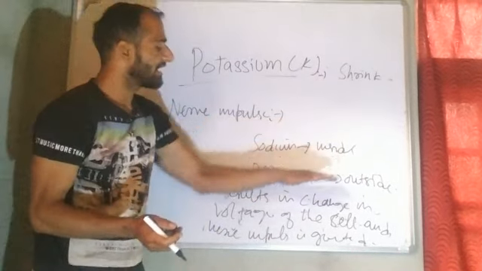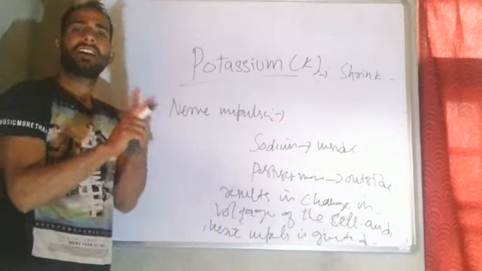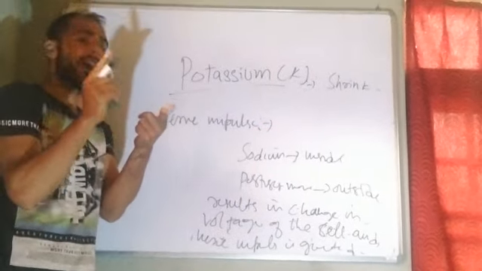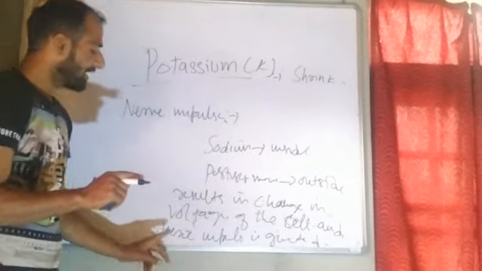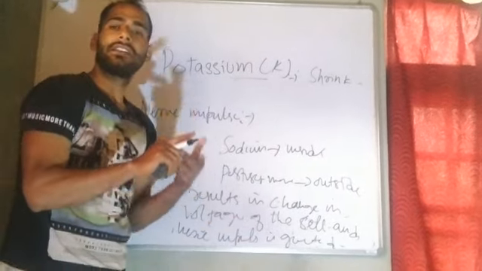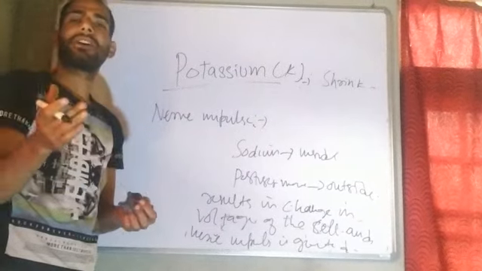Okay, so what happens is when the sodium moves inside, the movement of the sodium ions into the cell and potassium ions outside the cell results in the change in the voltage of the cell and therefore there is generation of the nerve impulse.